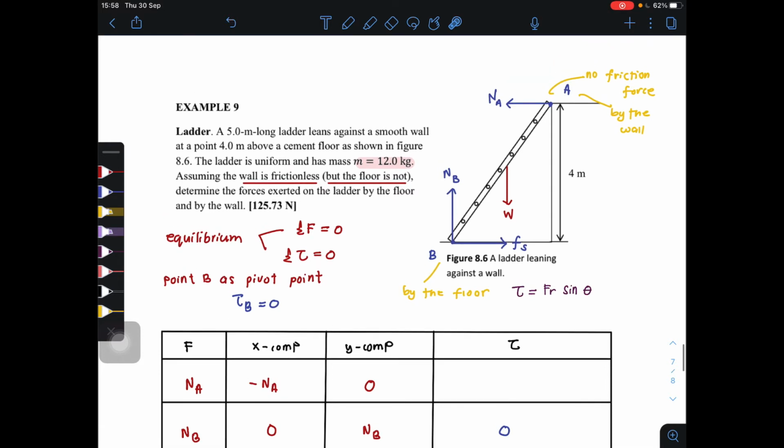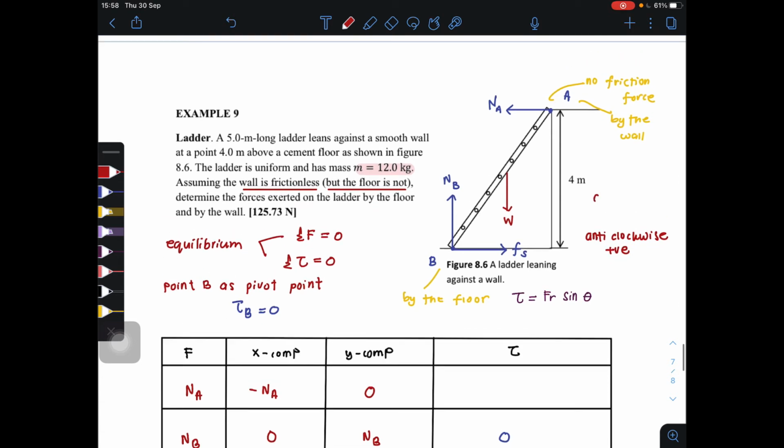So for the direction at point A, it is either clockwise or anti-clockwise. Before this, anti-clockwise is positive and clockwise will be negative. Okay, remember this, the sign convention for clockwise and anti-clockwise.